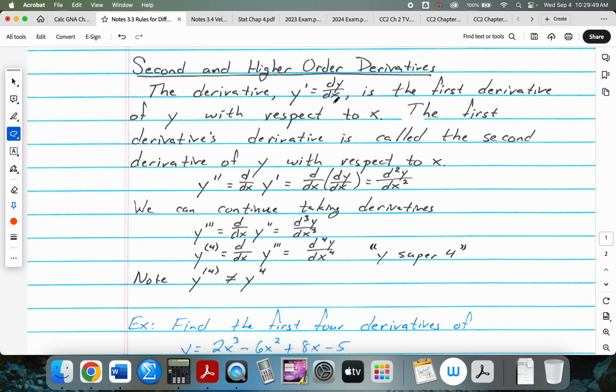The first derivative's derivative is called the second derivative of y with respect to x. The simplest way it's written is y double prime. That's the second derivative. It is the derivative with respect to x of y prime.